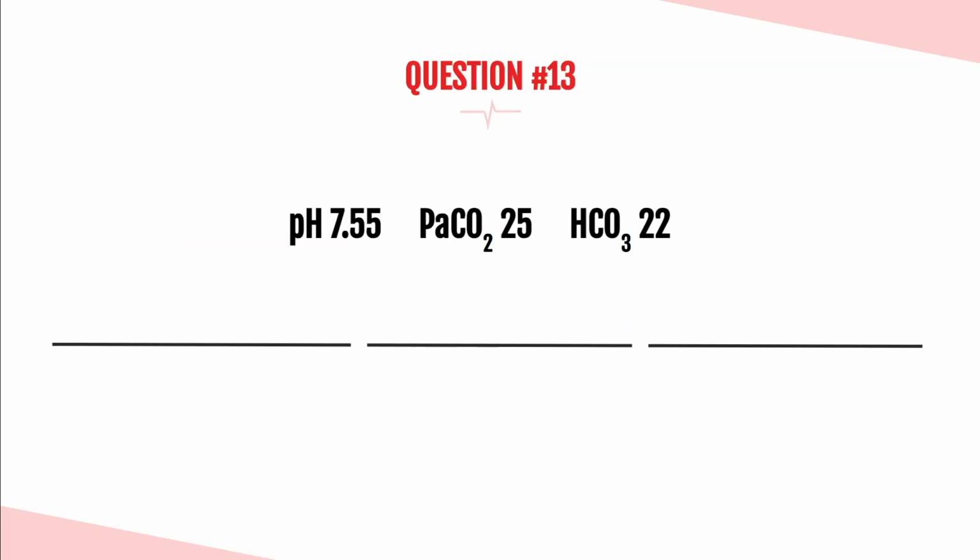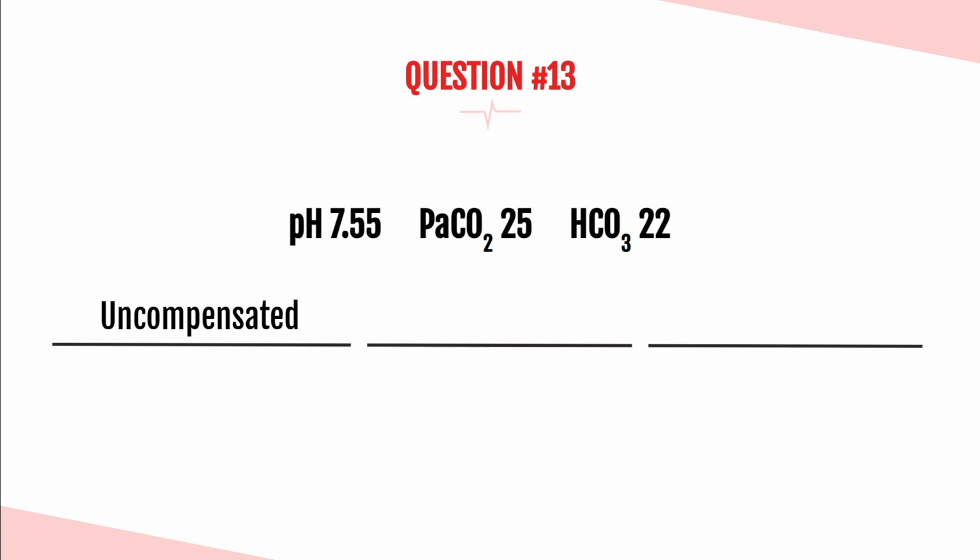Question number 13. A pH of 7.55, a PaCO2 of 25, and a bicarb of 22. What is our name? Step 1. Do we have a normal or abnormal pH? And is that compensated or uncompensated? It's abnormal, so we're uncompensated.